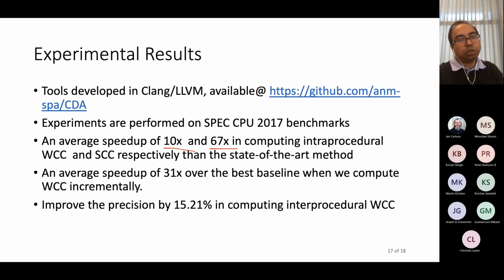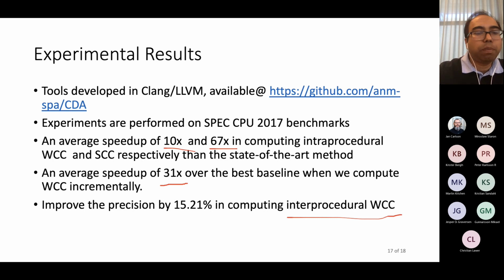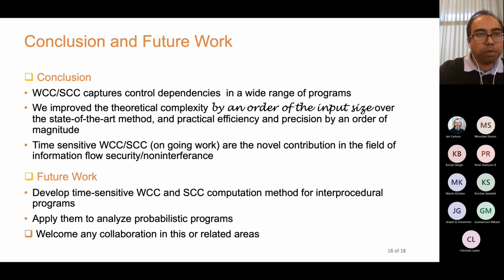When we compute WCC incrementally, we obtain an average speedup of 31x over the best baseline approach. And in computing interprocedural WCC, we improve the precision by 15%. So this is the summary of what we get in our previous work.